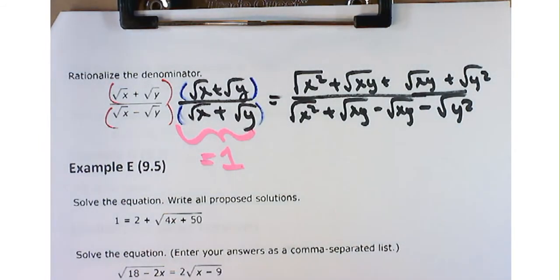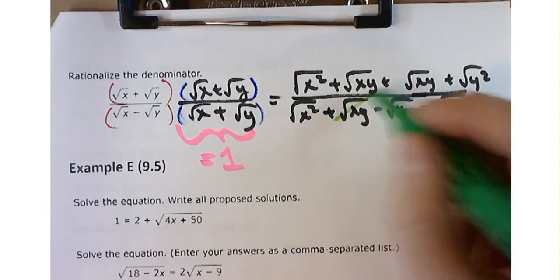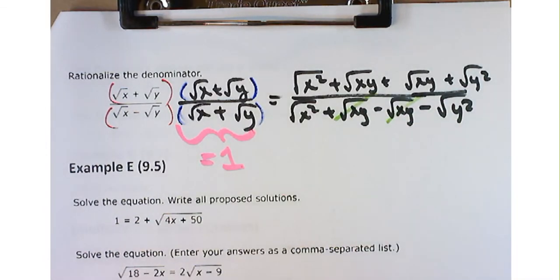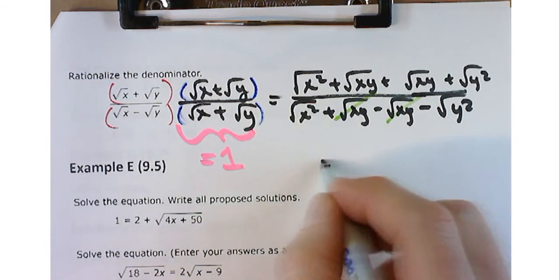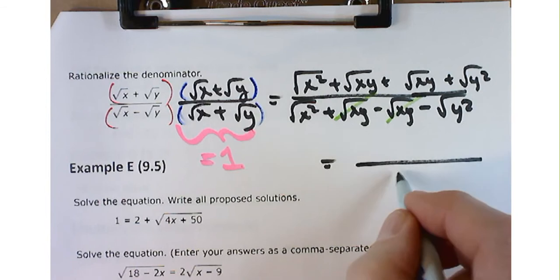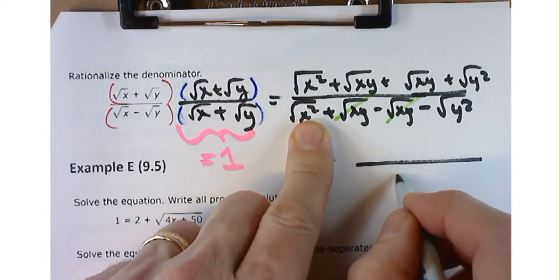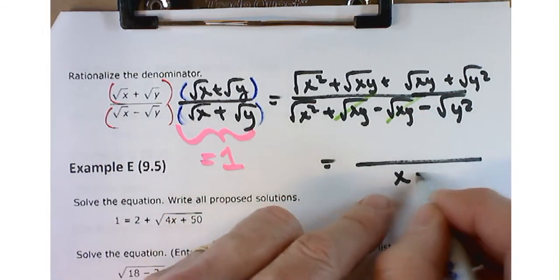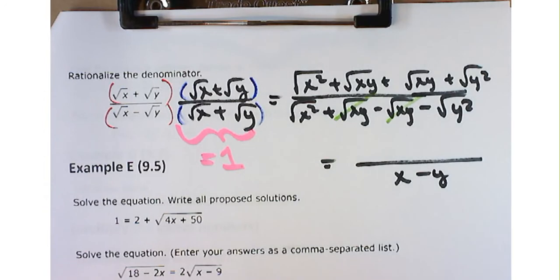They're all positive in the numerator, and that makes a big difference. Because in the denominator, those two terms cancel each other out. And so what you're left with is square root of x squared is x minus square root of y squared is y. And that's it for the denominator.